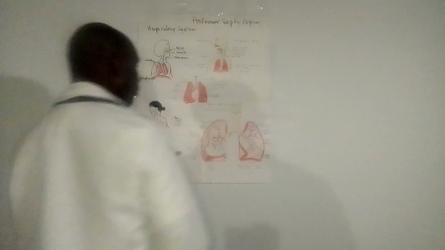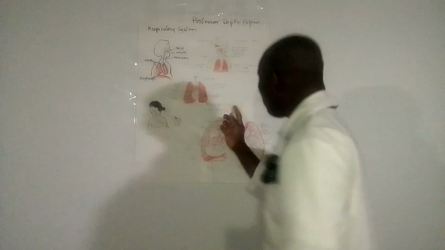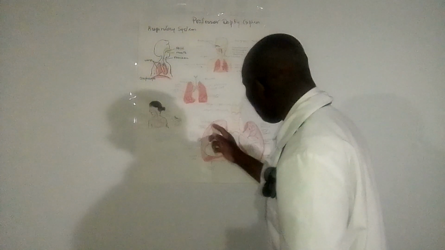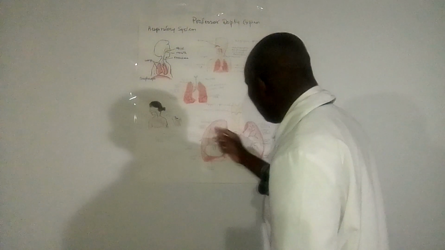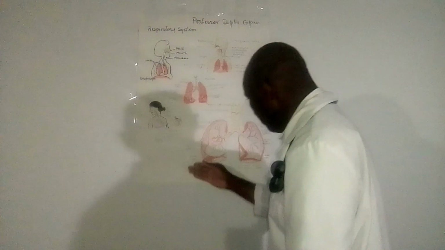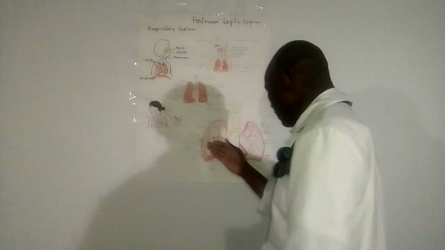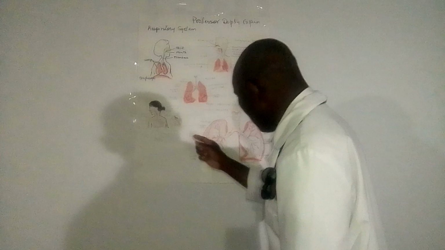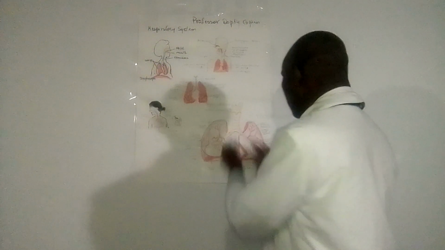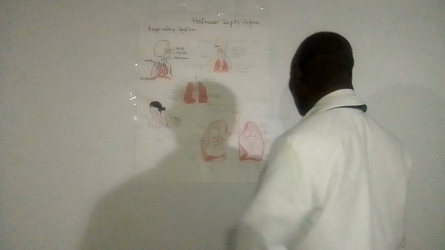And finally, we come to this very enlarged diagram. We have one, two, three, four, five, which we have now the thyroid cartilage, the cricoid cartilage, the trachea, the upper lobe, the lower lobe, the middle lobe, which is in the middle, and the right primary bronchus. This is the right primary bronchus here, and this is the left primary bronchus.